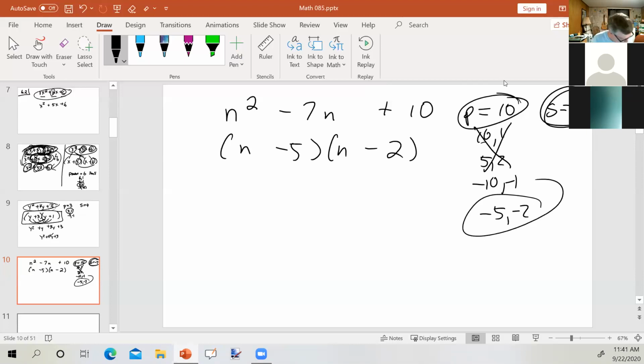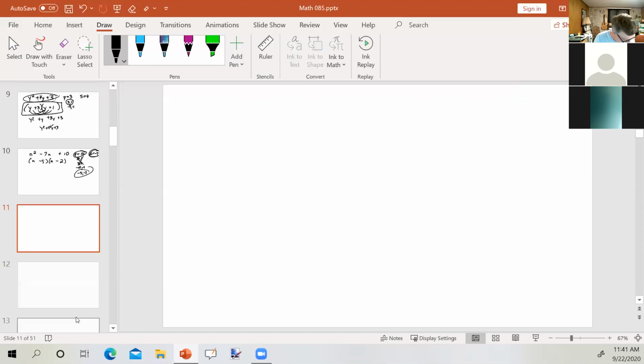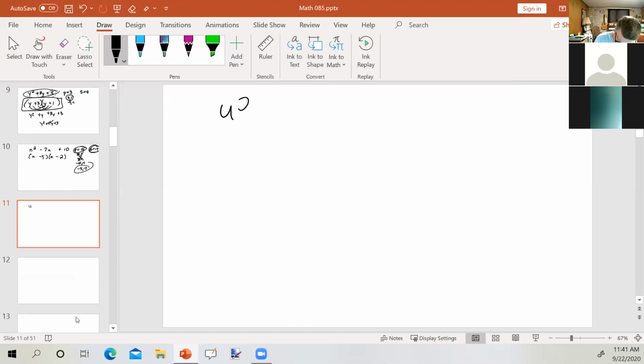All righty, let's take a look at another problem. Let's see here. U squared plus U minus 42. We have a trinomial in standard form with a leading coefficient of a 1. So we're going to split it up like that.